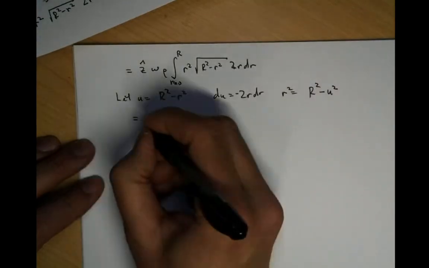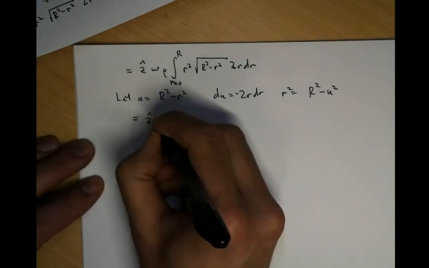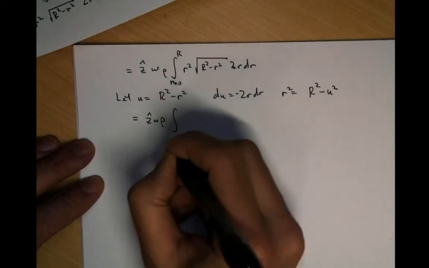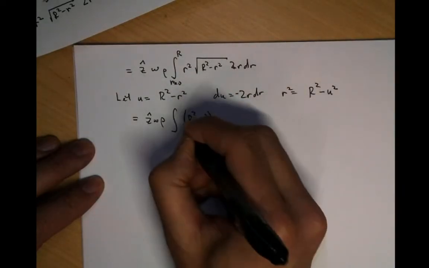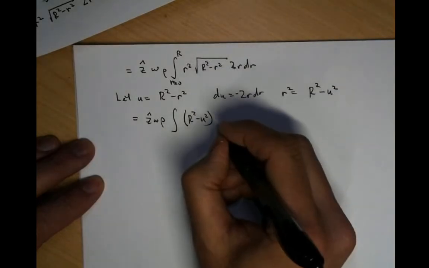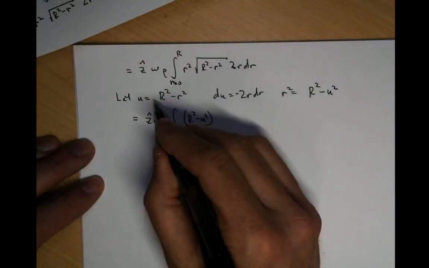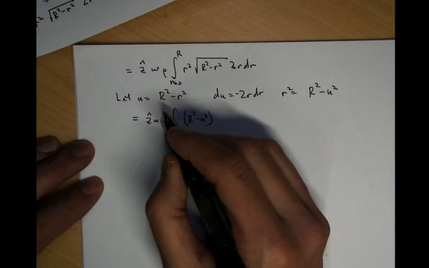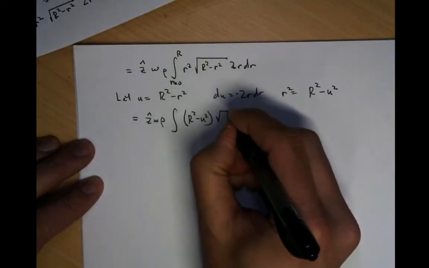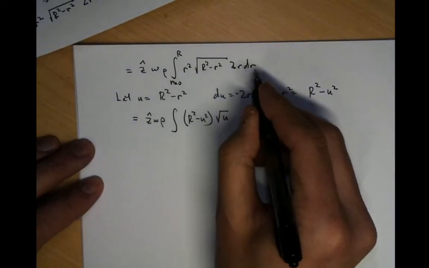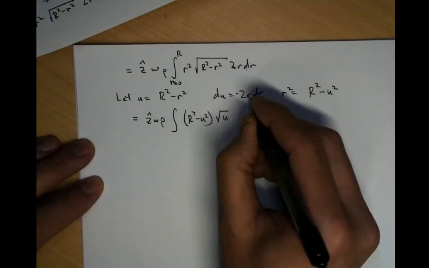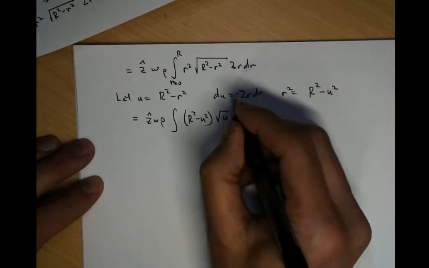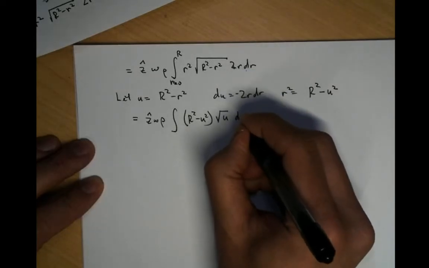So once we put that substitution, z hat omega rho integral, this is capital R squared minus u, that thing. This thing is square root of u, and minus 2r dr is basically du, right?